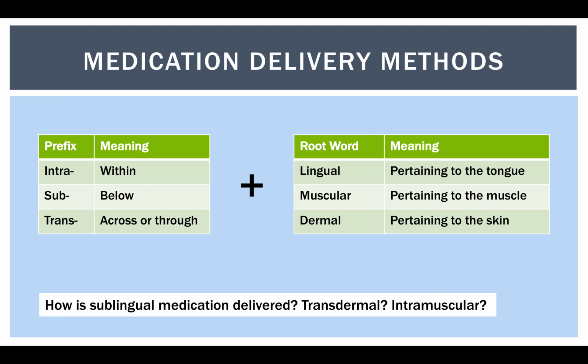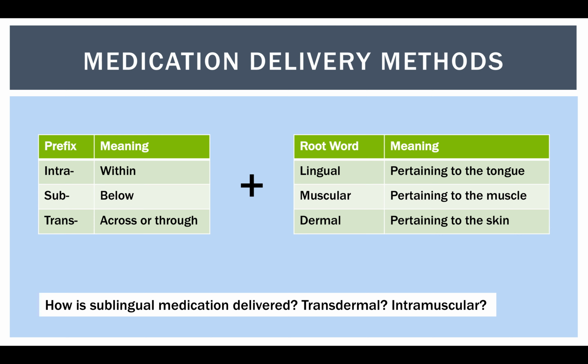So if I were to tell you that a medication is a sublingual medication, you would look at these 2 charts and you would know from your understanding that a sublingual medication is delivered by putting it below or underneath your tongue.